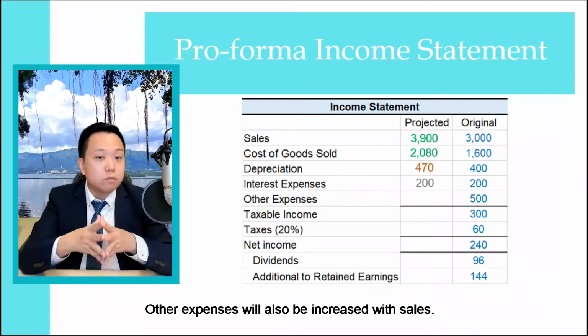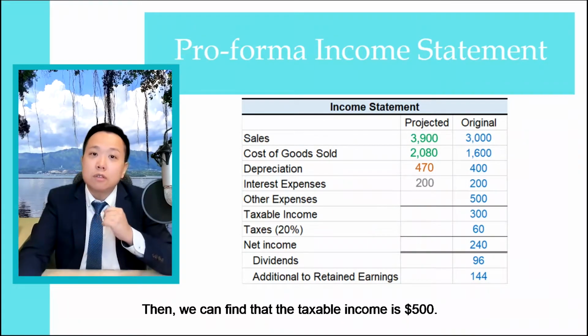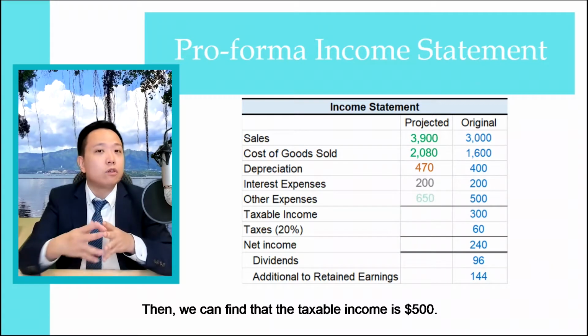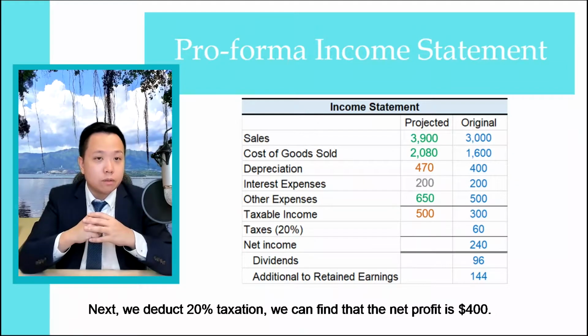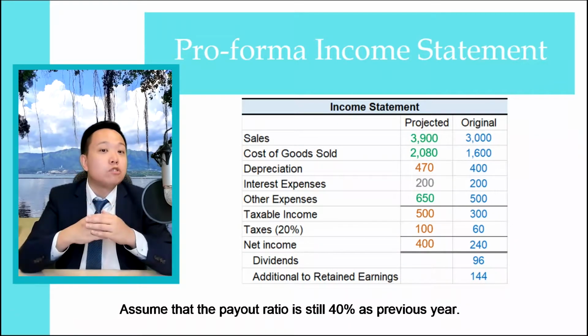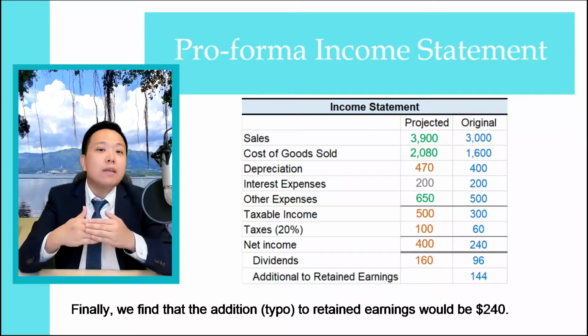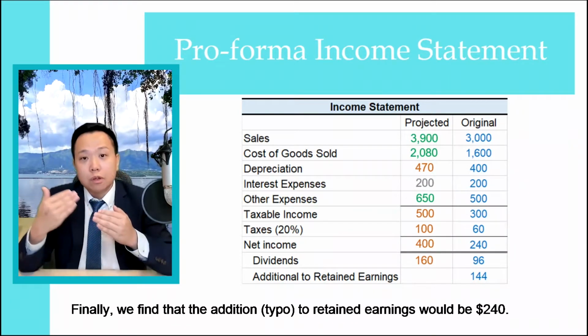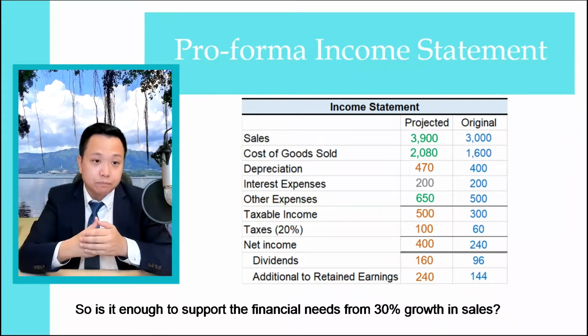Other expenses will also be increased with sales. Then we can find that the taxable income is $500. Next, we deduct 20% taxation from the taxable income. We can find that the net profit would be $400. Assume that the payout ratio is still 40% as in the previous year. Finally, we find that the addition to retained earnings would be 240 in the projected year.